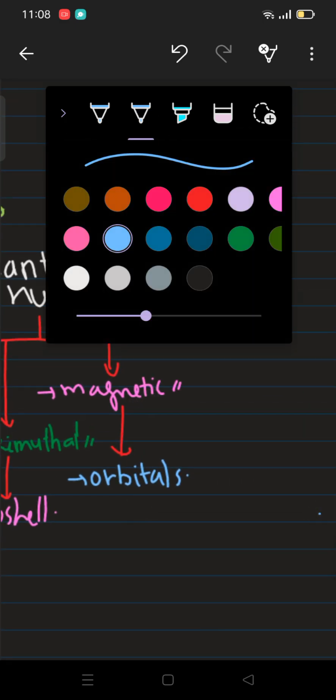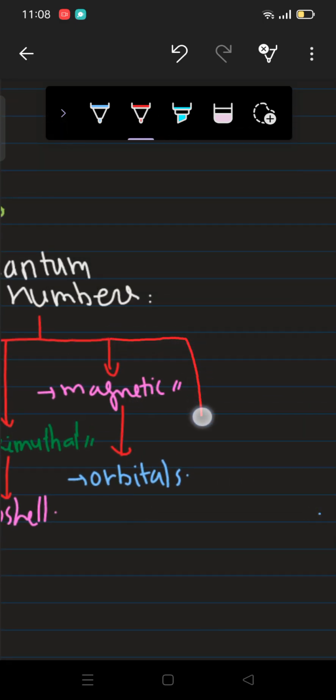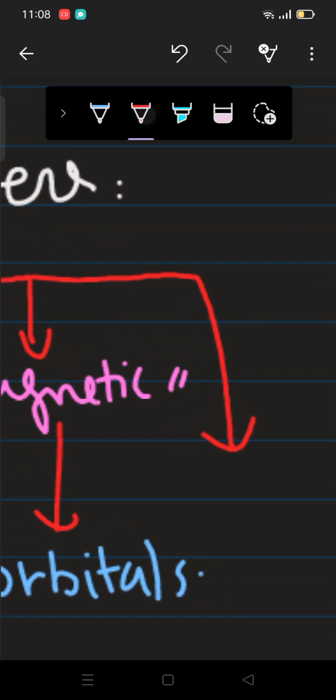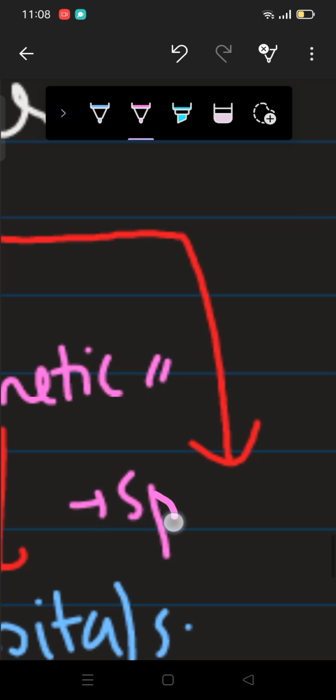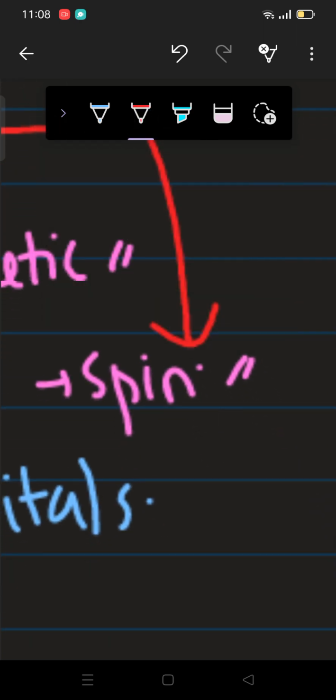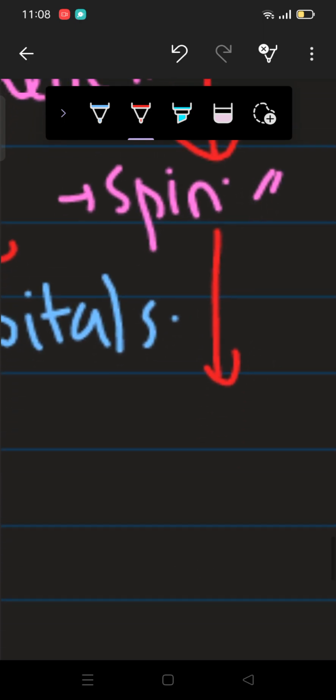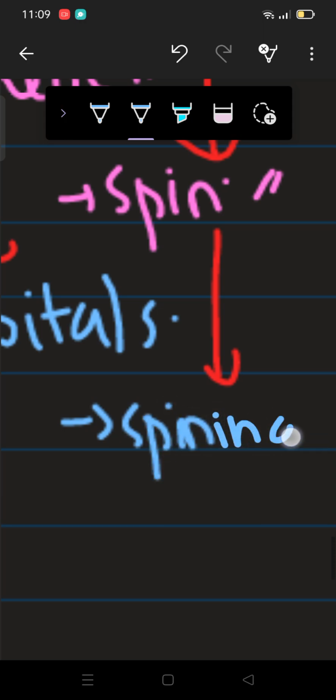Then the fourth quantum number is the spin quantum number, and it tells us about the spinning of an electron.